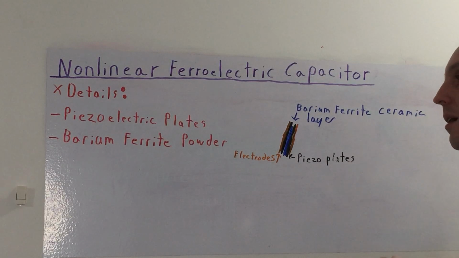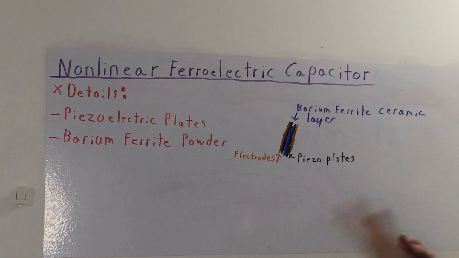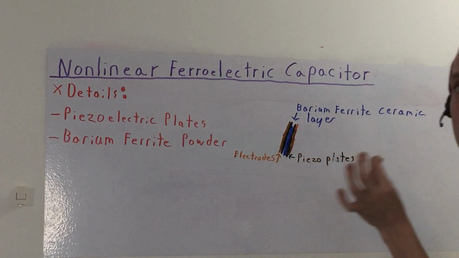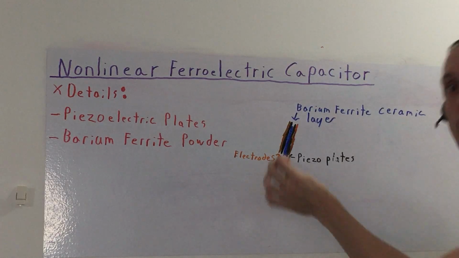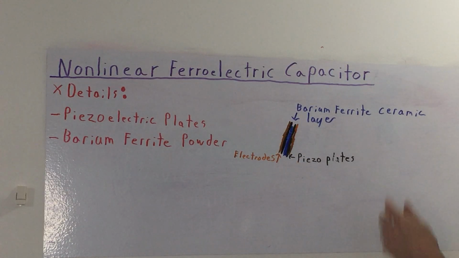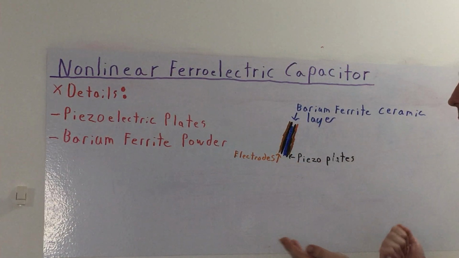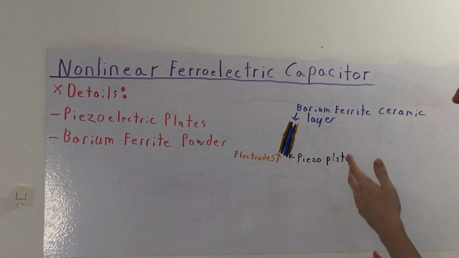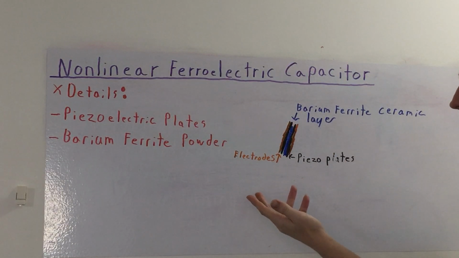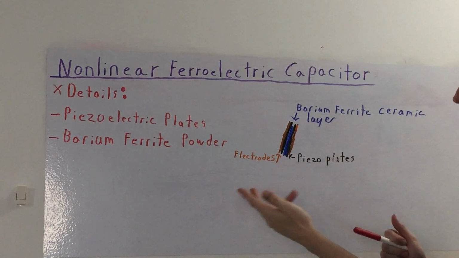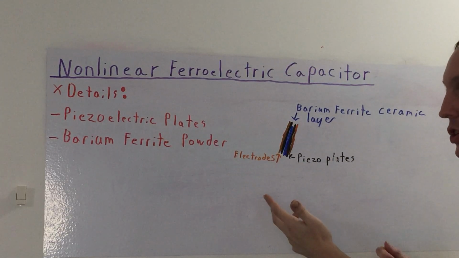For instance, the piezoelectric component might be useful in frequency-specific applications. It would help with that. While the barium ferrite, that would be more for the hysteresis, which would cause the polarization switching.